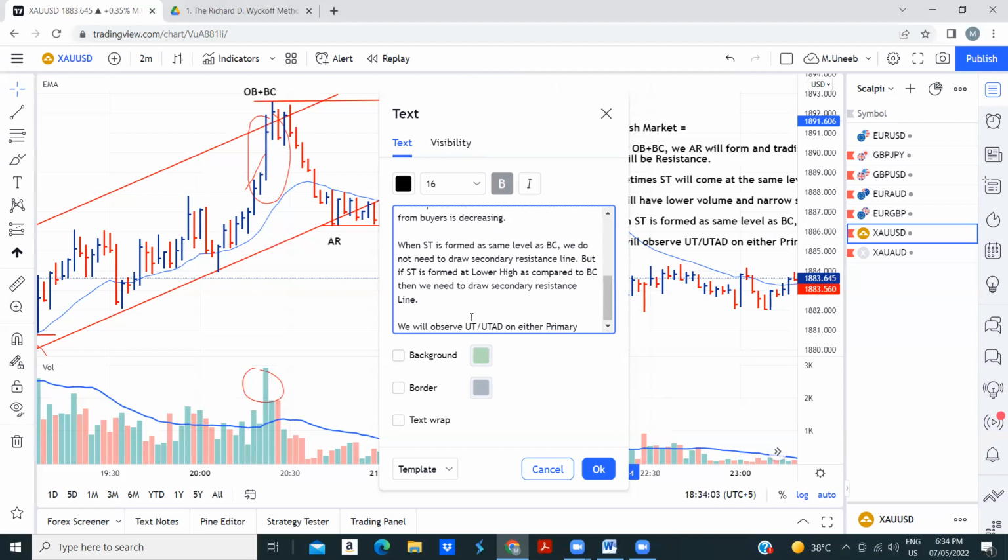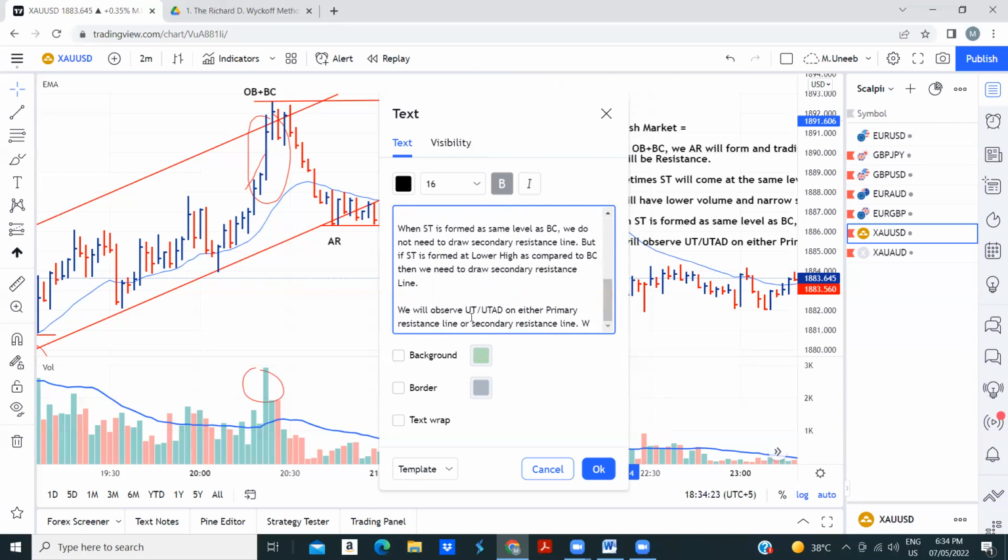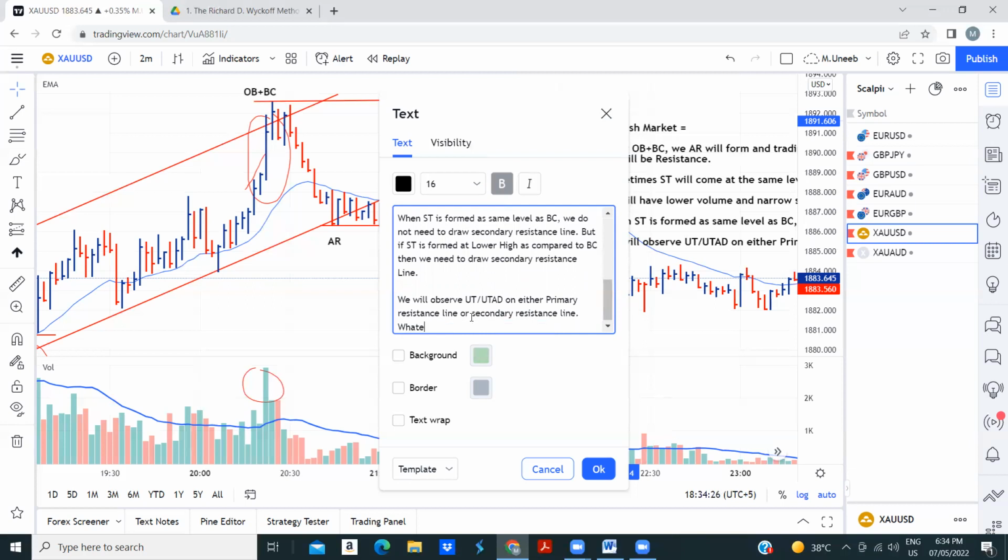The primary resistance line is the one formed at the buying climax. Or the secondary resistance line, whatever the situation. Got it?